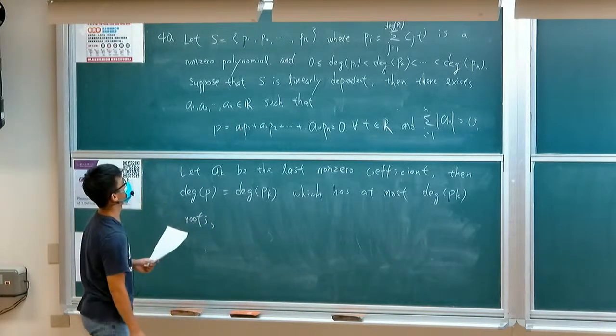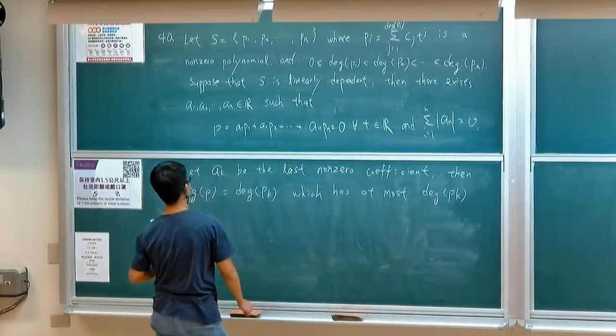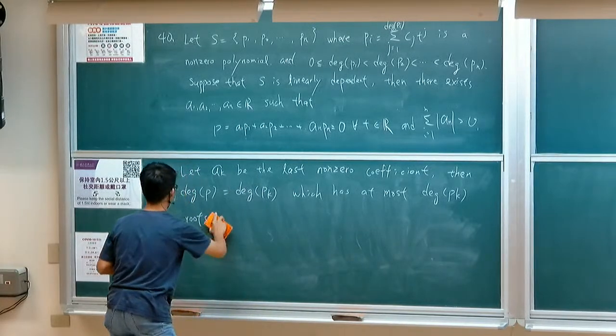But we supposed that it is 0 for all real t. So this is a contradiction.